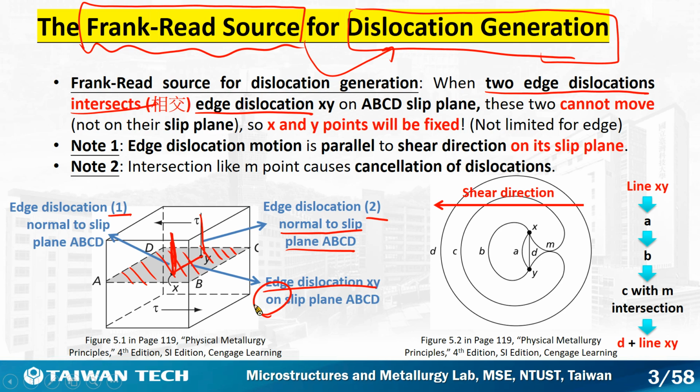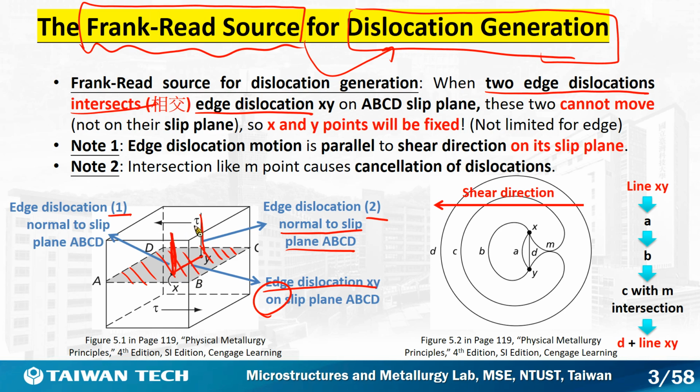And based on what we learned in chapter 1, dislocation can only move on the slip plane through the slip, right? And the other mechanism is climb. So for XY edge dislocation, it can move on these slip planes.